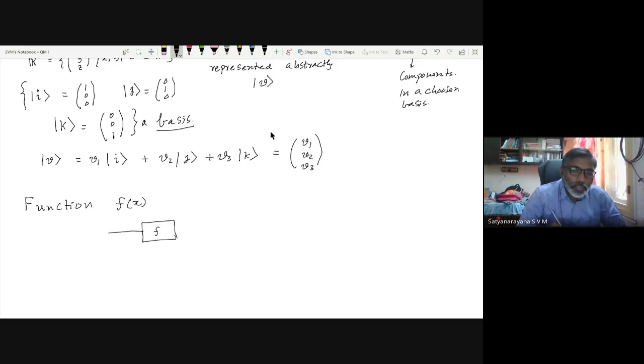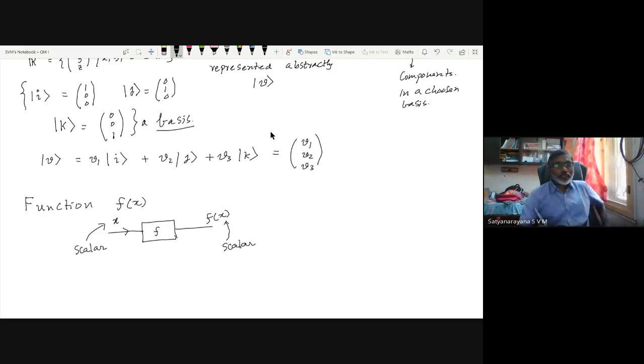There is an input, x, and f of x is going to be the output. So this input is a scalar, a real number or a complex number, and f of x is also a scalar. A scalar will go in, a scalar will come out.